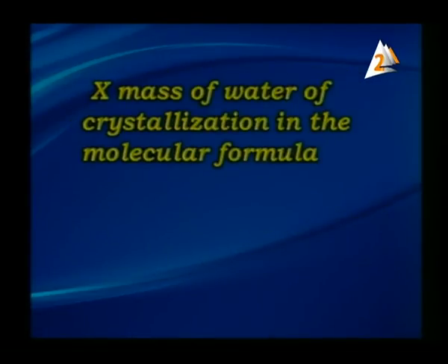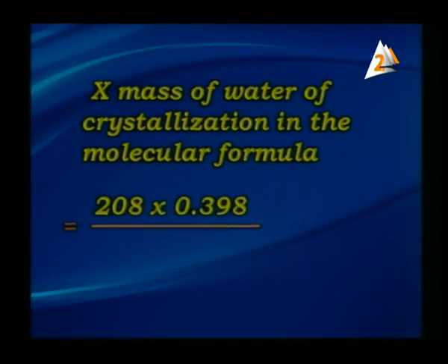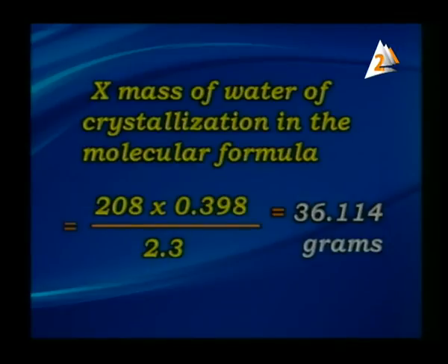This X is what I need: how many molecules of water of crystallization in the molecular formula. We calculate 208 times 0.398 divided by 2.2923, which equals 36.114 grams. This is the X mass of water of crystallization.